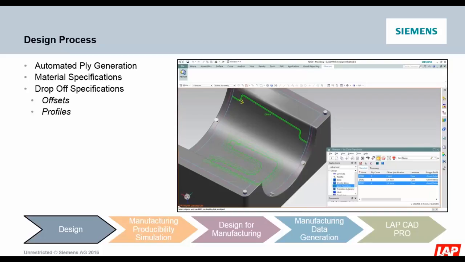What you see on the screen here is not geometry that was created by a user in the CAD system, but created by a user in FiberSim by defining specifications, which makes the change process much, much easier. We've experienced from customers using hybrid approaches to design upwards of 80% efficiency in the design process.